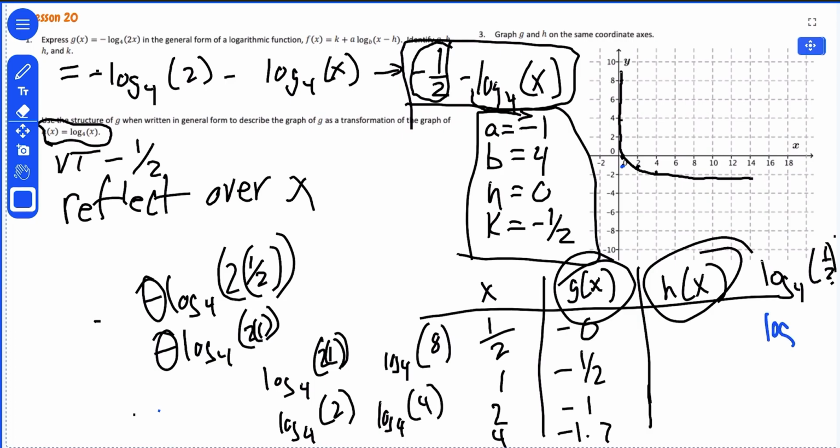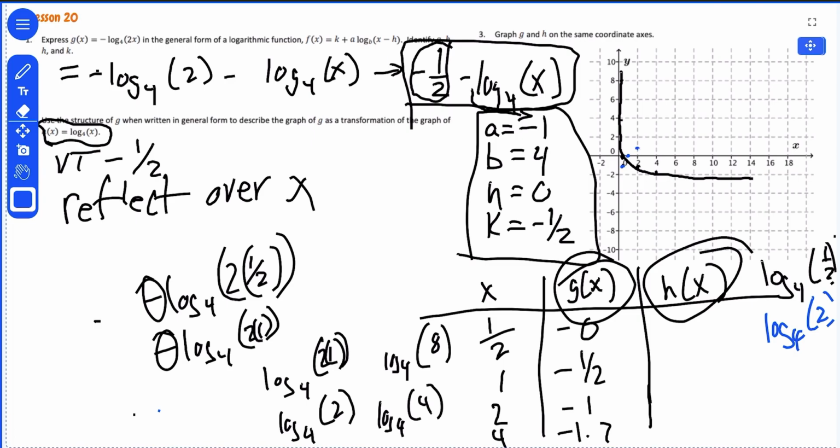Now if we plug in log base 4 of 2, that's going to give us what? That is going to be the 1/2. So at 2, it'll be about 1/2. And then if we did 1, it would be 0.